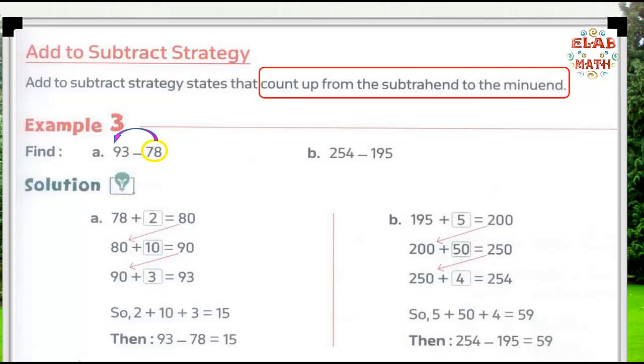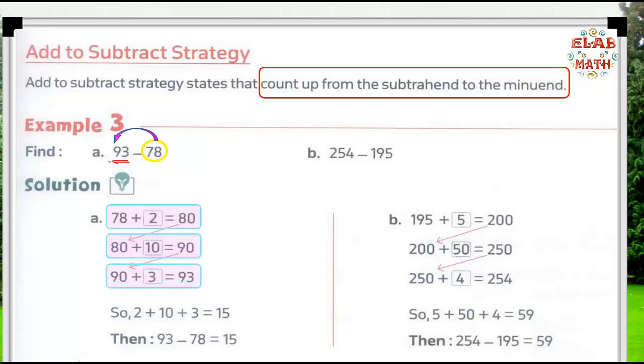We have 78, so write 78 first. What do we need to make 80? We need 2, so add 78 plus 2 equals 80. Now 80 plus what to get 90? Why do we go to 80 and 90? Because I have 93 here and I want to reach this number. 80 needs 10 to be 90, so add 10.